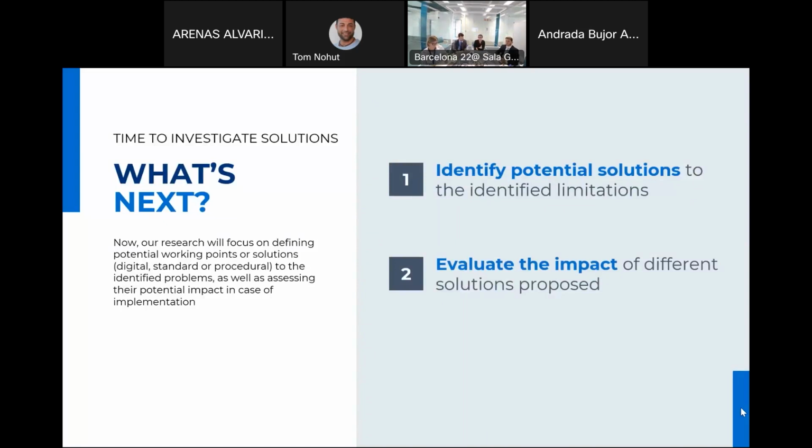Afterwards, as we do not want to implement or recommend solutions just because they exist, we want to recommend those solutions that actually add value to the industry and that can be a game changer for the different limitations that we have. We will evaluate the impact of those solutions proposed.